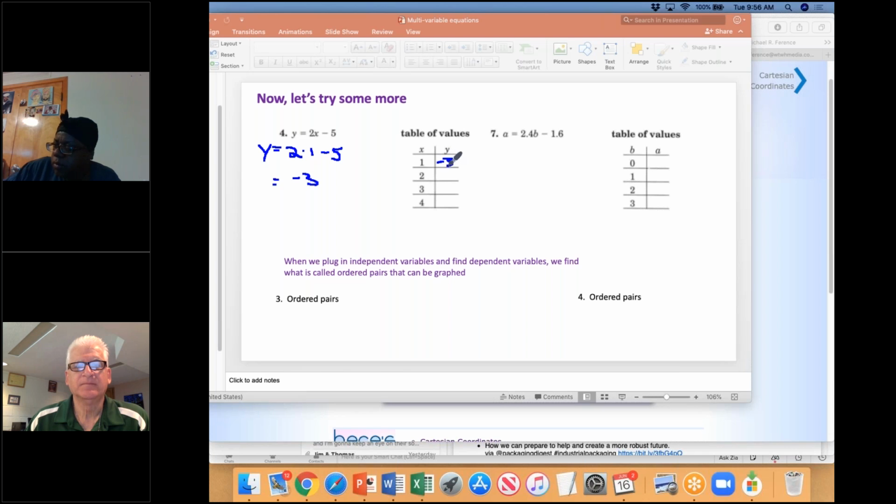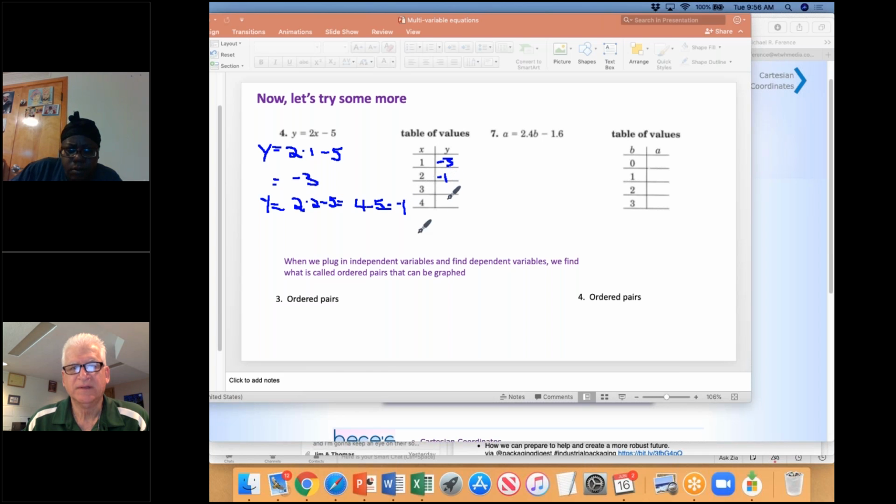So when I plug in 2, y equals 2 times 2 minus 5, that equals 4 minus 5, which is -1.